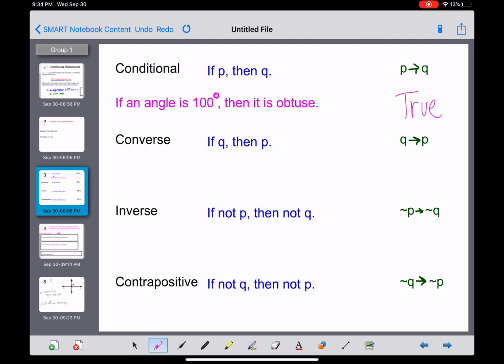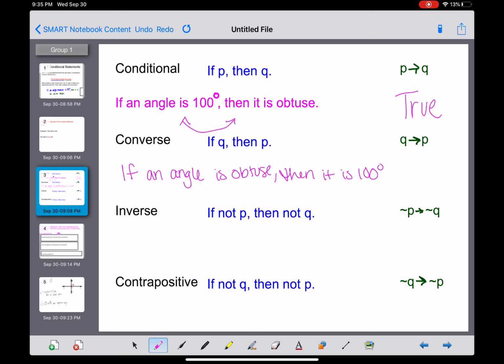So we're flipping the hypothesis and the conclusion. So if an angle is obtuse, then it is 100 degrees.